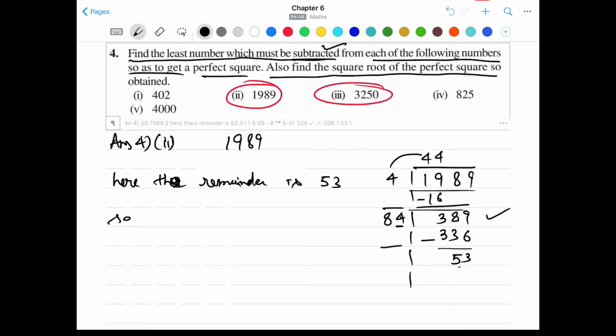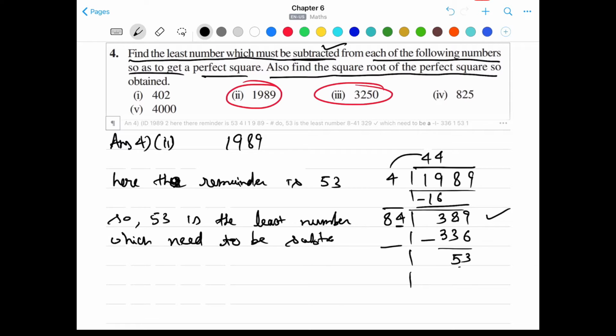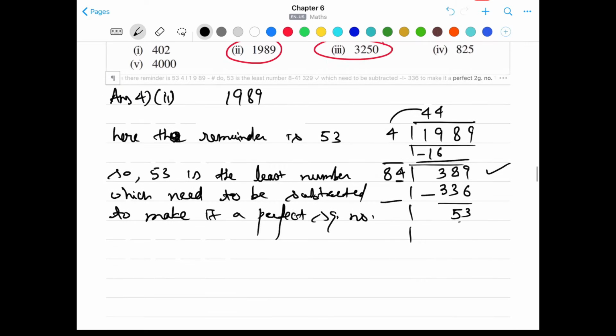So 53 is the least number which needs to be subtracted to make it a perfect square number, that is 1989 minus 53.